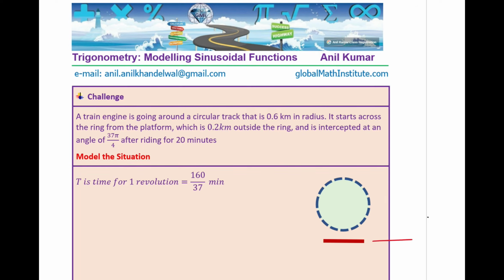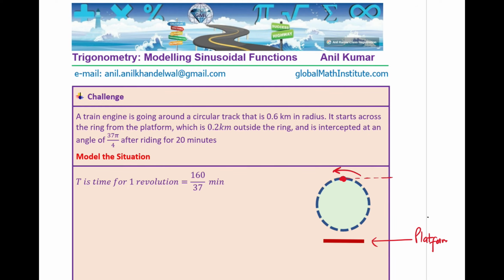So this is the platform. Do you see that? Across the ring means directly across. Let's say that is the position. So it is at the maximum distance. Do you see that? So that becomes the maximum distance which the engine is at.